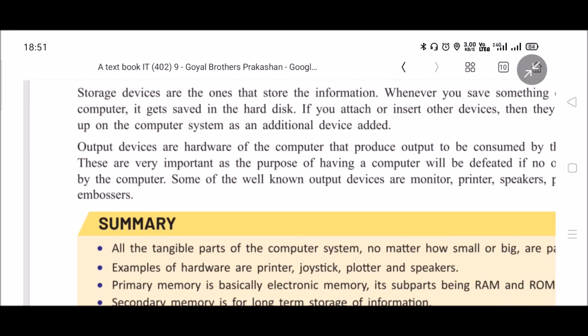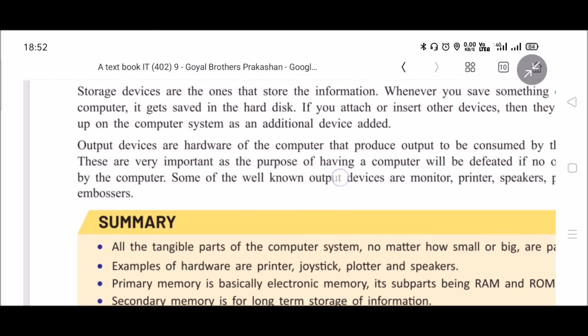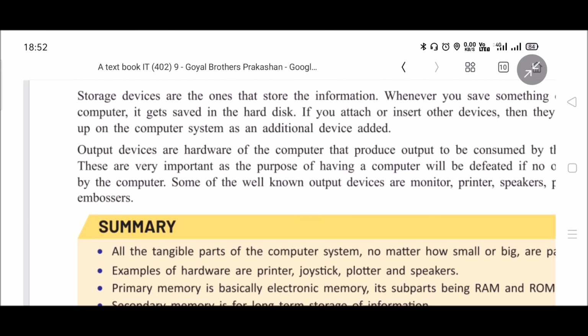Output devices are the hardware of the computer that produce output to be consumed by the external world, and these are very important, as the purpose of having a computer will be defeated if there is no output device in the computer. Some of the well-known output devices are monitor, printer, speaker, and so on.